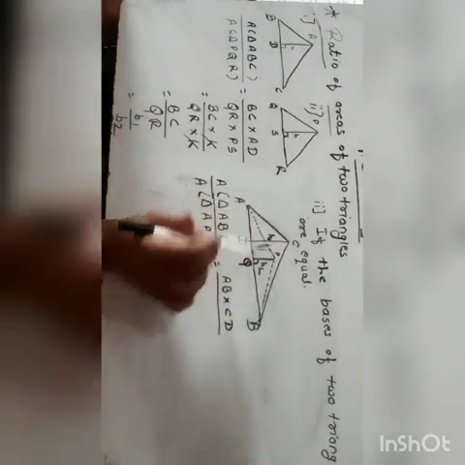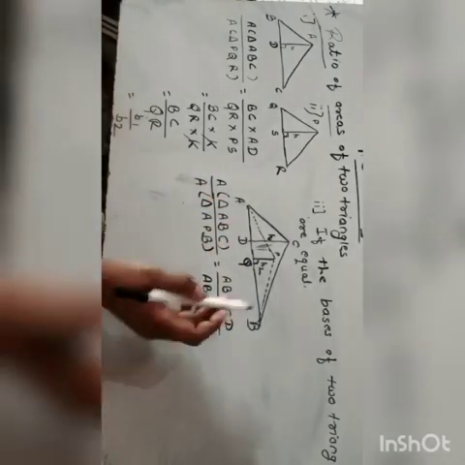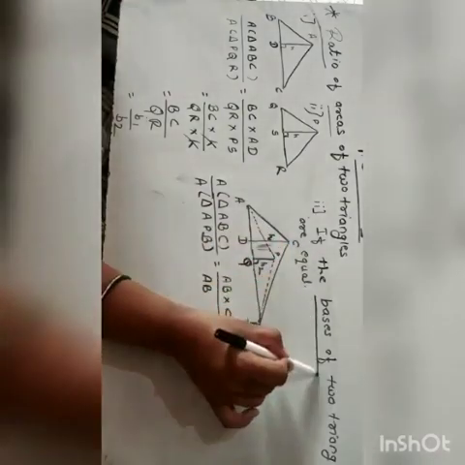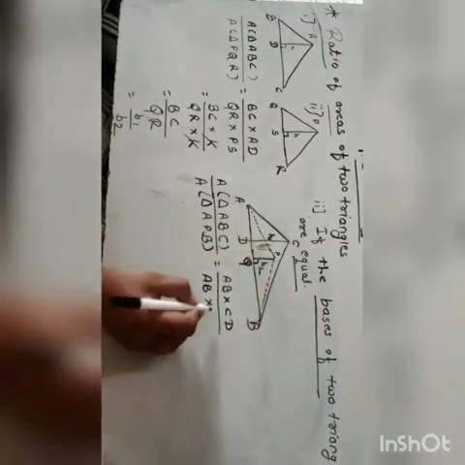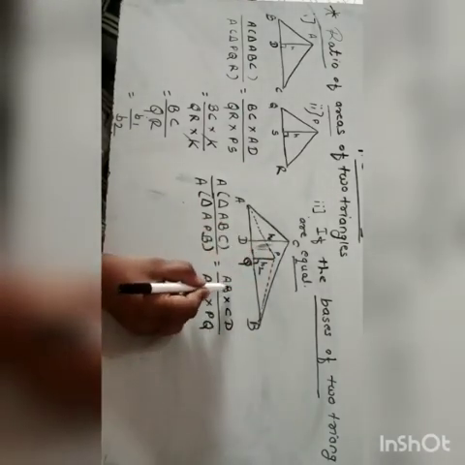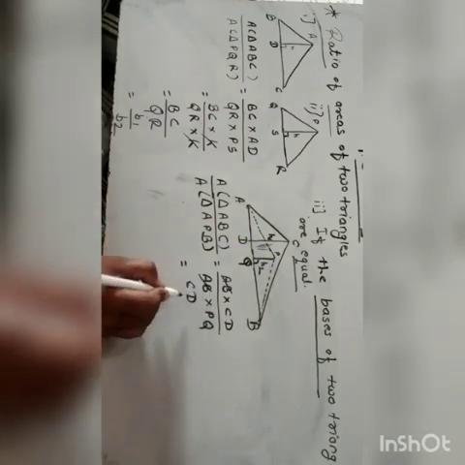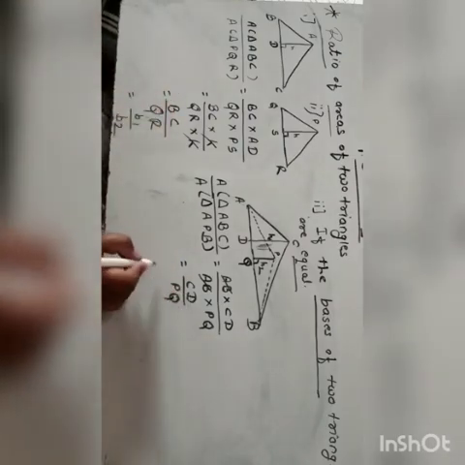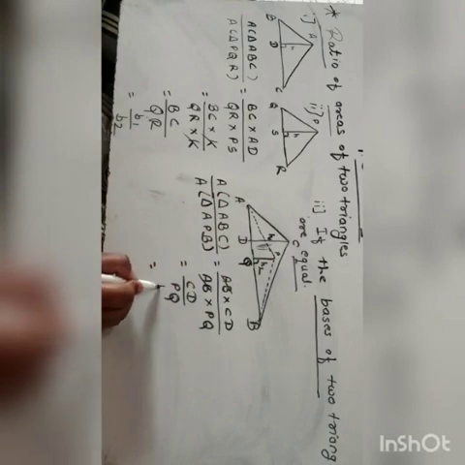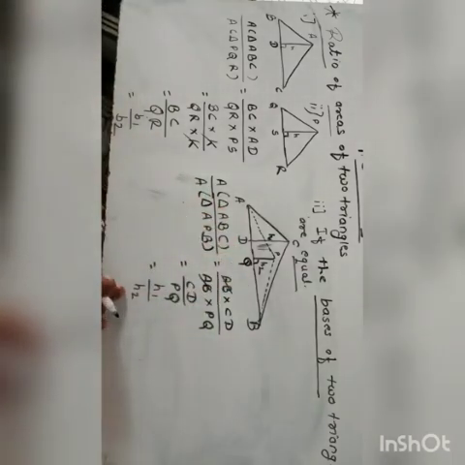Regarding PAB, AB is its base as well, so AB into PQ. AB is the same here, so it cancels. So what we get here is CD upon PQ. CD is the height of the first triangle, that is H1, and PQ is the height of the second triangle, which is H2.